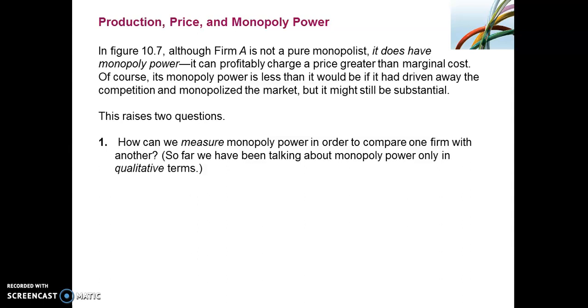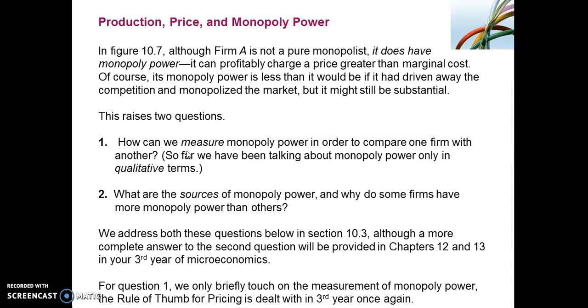If it had monopolized the market, then its monopoly power would, of course, have been much greater. So this raises 2 questions. How can we measure monopoly power in order to compare one firm with another? And then also, what are the sources of monopoly power, and why do some firms have more monopoly power than others?